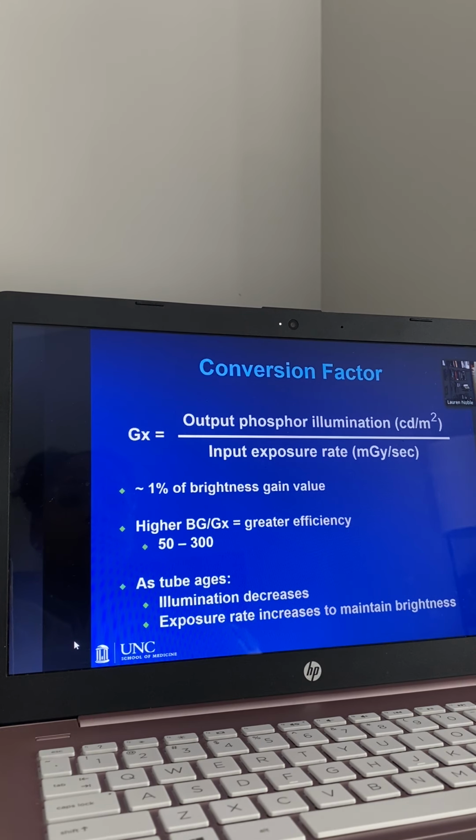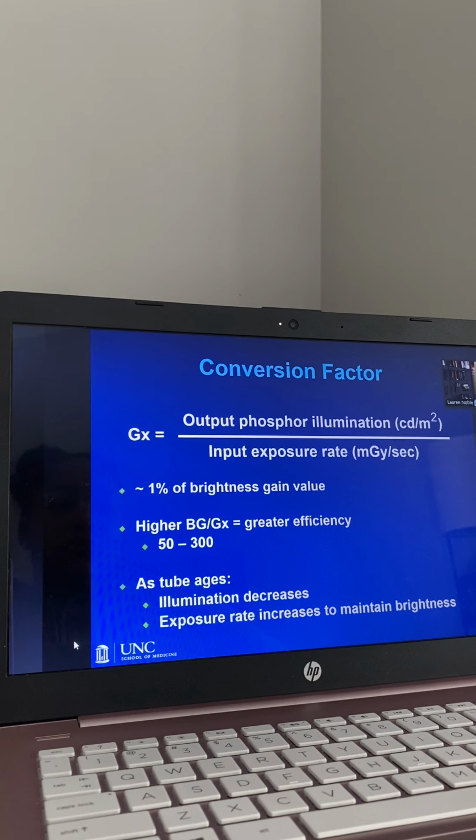So for the GX, what you need to know is that the GX looks at the light being emitted versus the exposure coming into it. You're not going to have to calculate anything, but that's all it is.